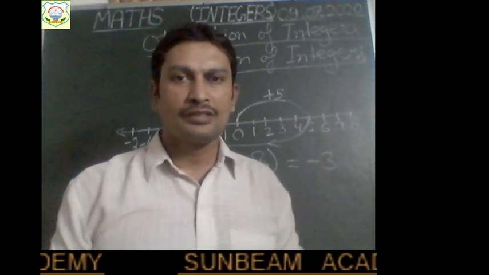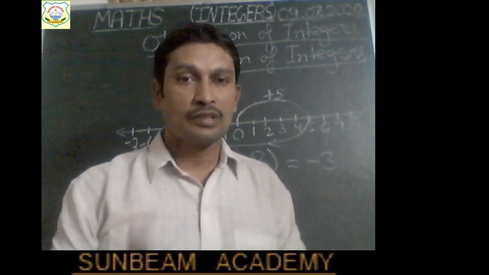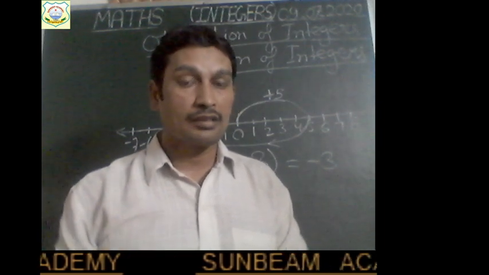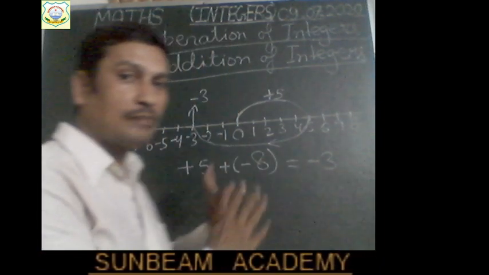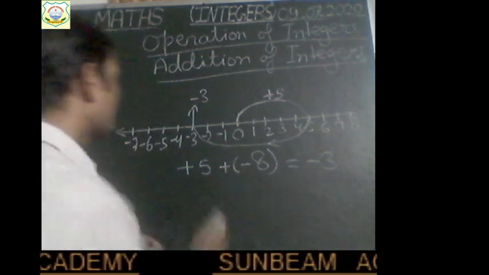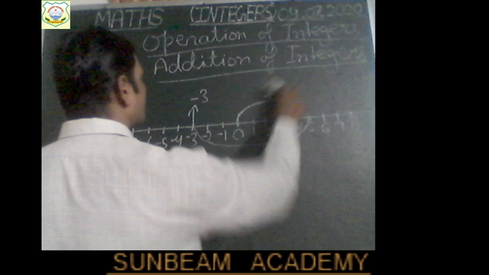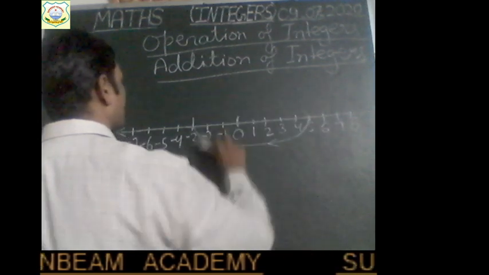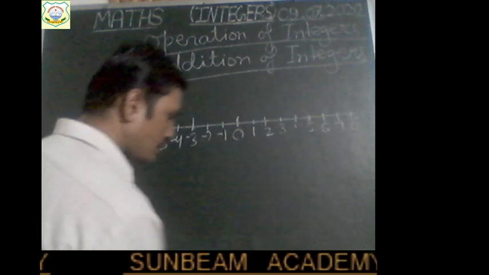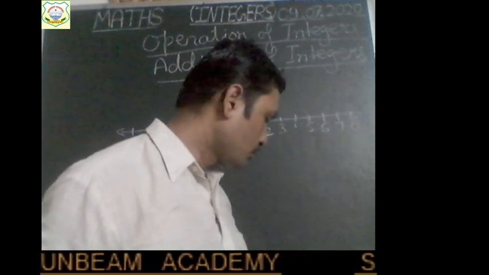Right, children? So easy. This is question number 1 in your exercise 4B. Okay. So you will solve the same question by using this method. Okay. Let us take another example. Suppose I am taking one example from your exercise only.